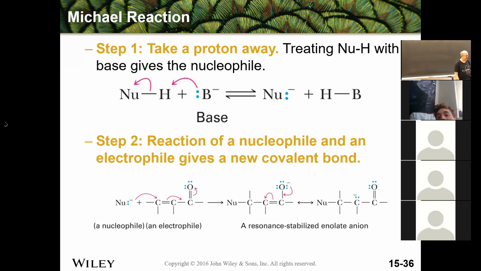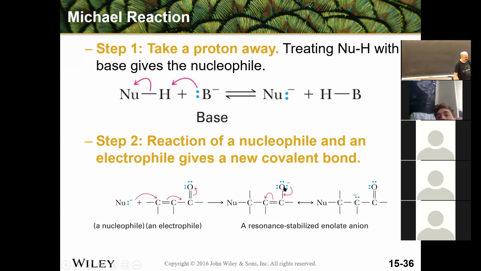So step one, we take a hydrogen away with a base to form the nucleophile. The nucleophile then attacks the beta position. At this point, the oxygen doesn't get protonated because, again, like aldols, most enols are unstable. An enol is where you have an alcohol directly attached to an alkene.